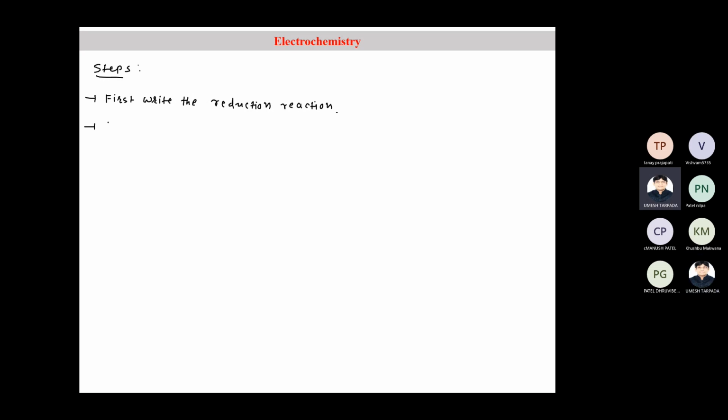Then write the standard relation, કે ભાઈ કેટલા ફેરાડે છે તો કેટલા મોલ મળે છે. Then make a relationship with the given data.